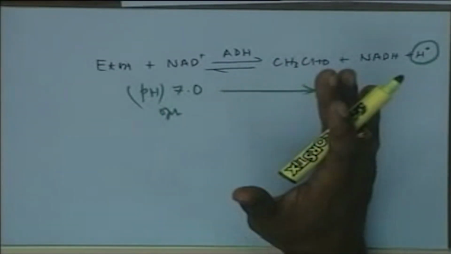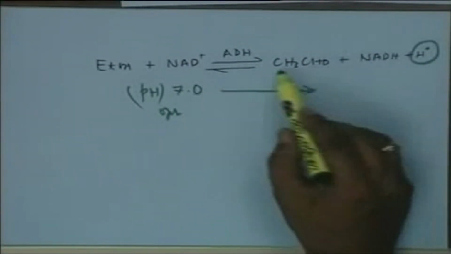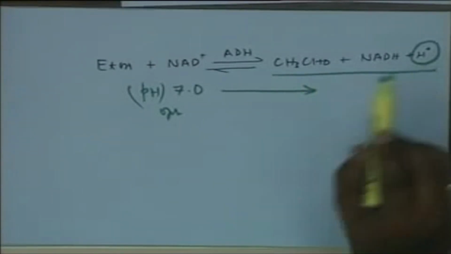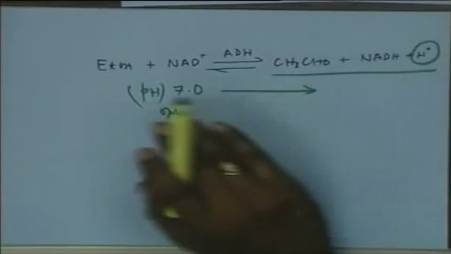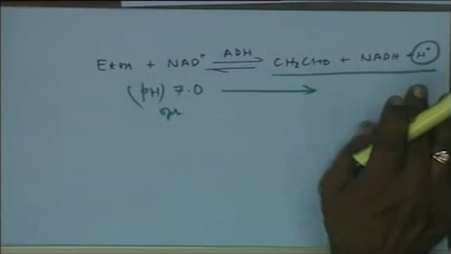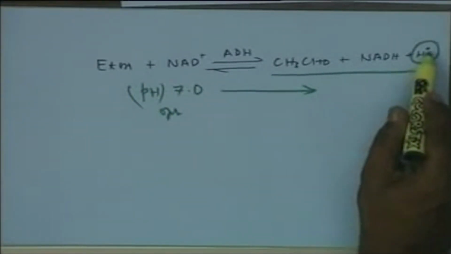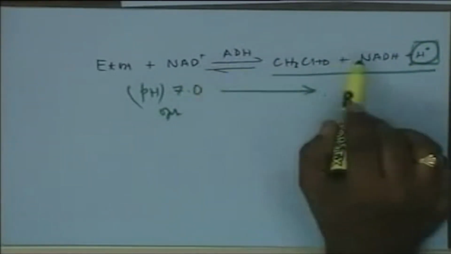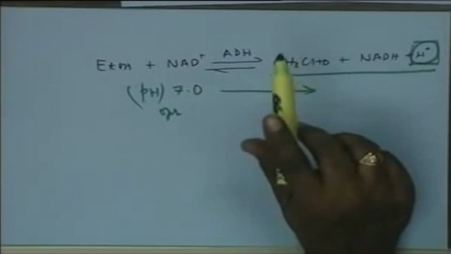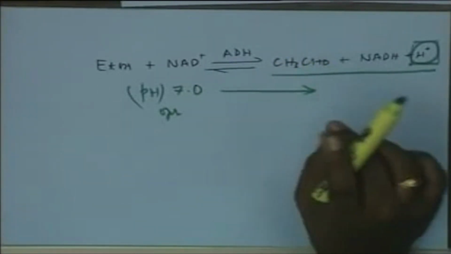The reaction may stop as soon as some concentration of the product and hydrogen ions is built up. To drive the reaction in the forward direction, you need to adjust the pH so that the concentration of hydrogen ions is reduced, but the reaction might then proceed at a very slow pace.